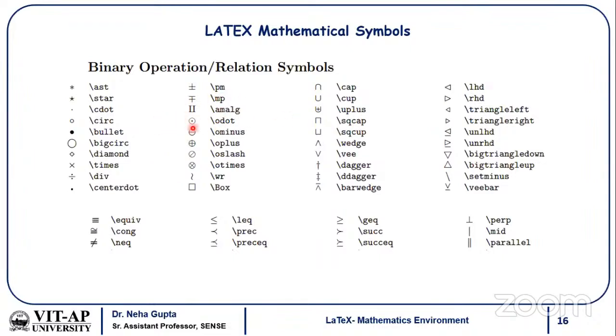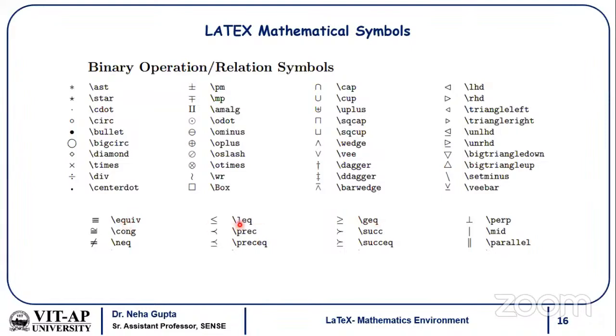Now binary and relational symbols. Already I have shown you a few from here, like division and times, multiplication and division. With the help of \times and \div we can get them. If you want to get the plus minus, then \pm, P for plus, M for minus. Okay, \mp for minus plus. For equality and inequality, greater than or equal to, we have \geq.